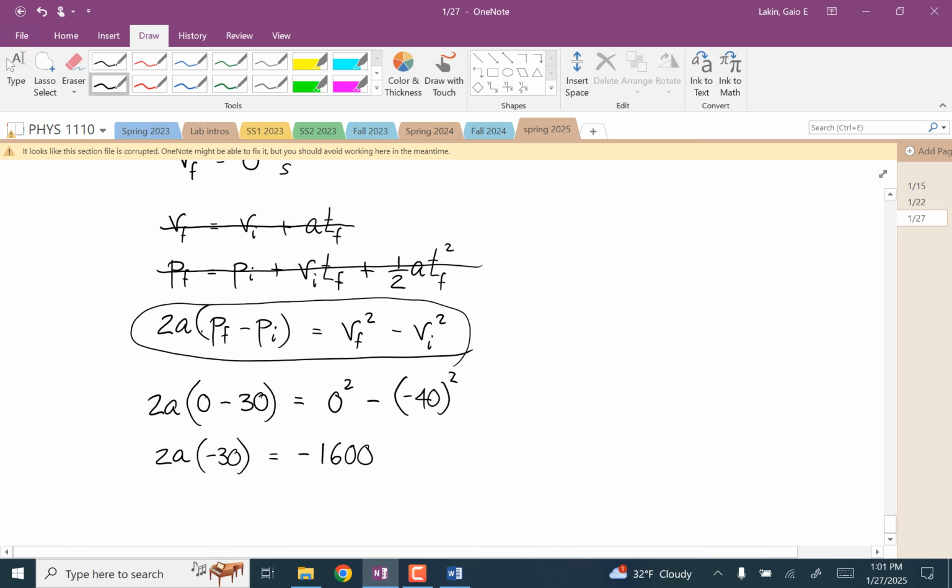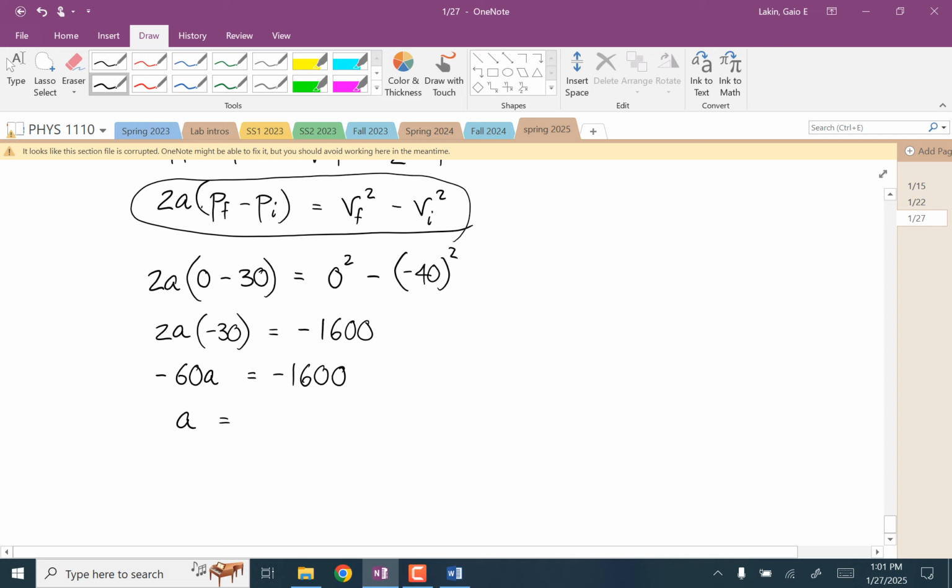And now I'm just solving for a, so I have negative 60a is equal to negative 1600. Divide both sides by negative 60, and you get that a is negative 26.6 repeating meters per second squared.